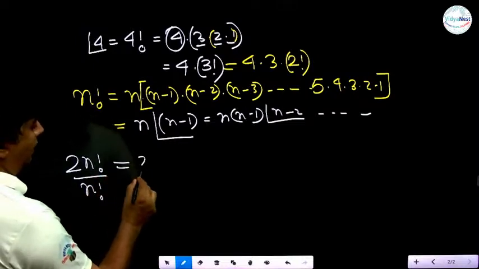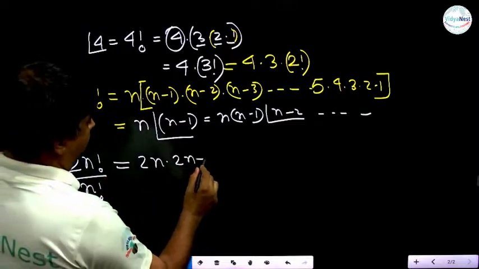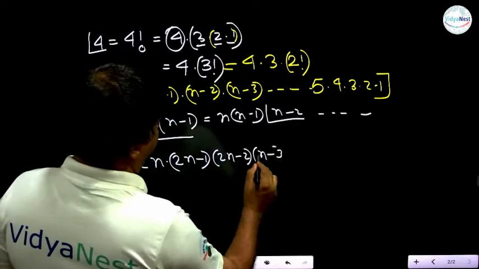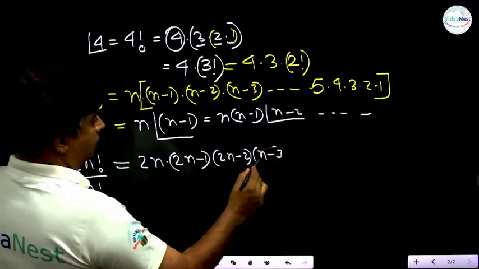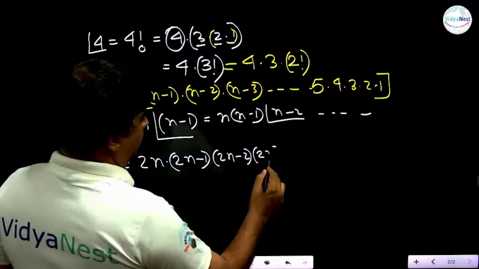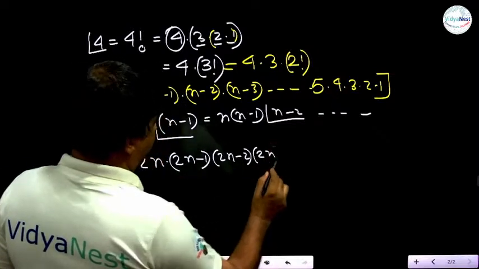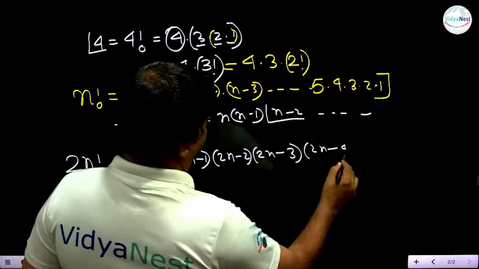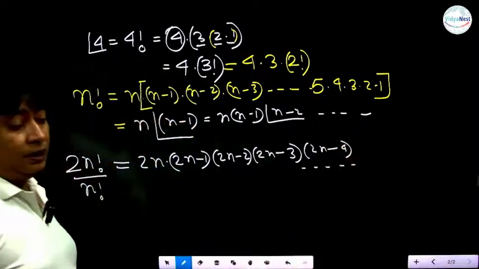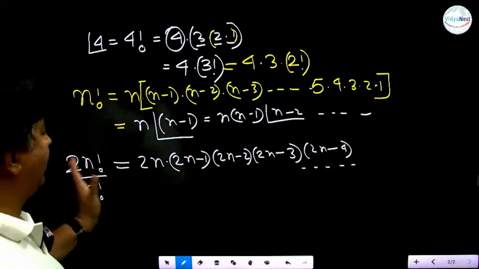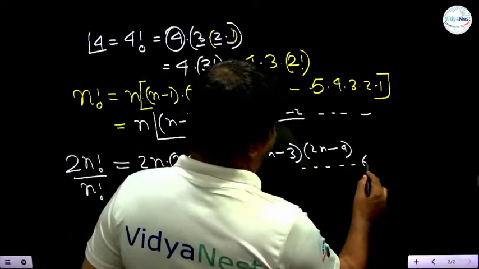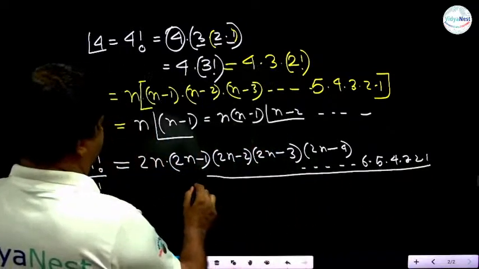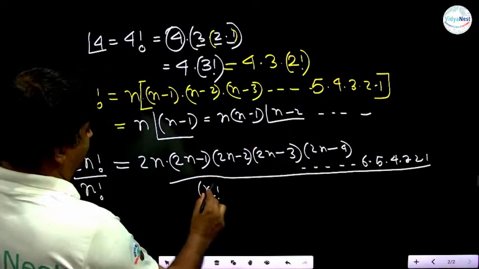I can write 2n, 2n minus 1, 2n minus 2, 2n minus 3, 2n minus 4, and the later part will be denoted by a dotted line, up to 6, 5, 4, 3, 2, 1. In the denominator, that factorial n will remain.